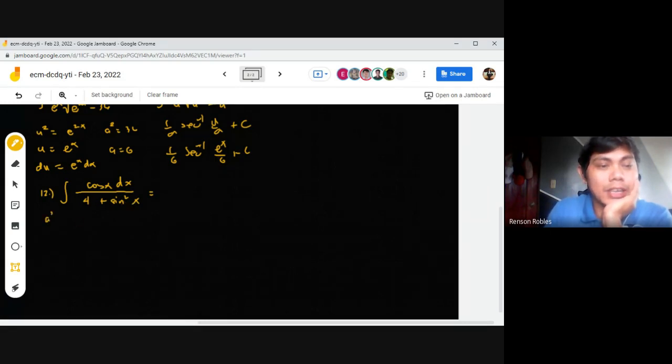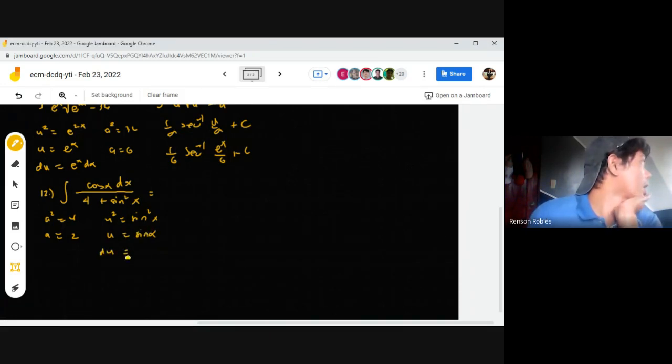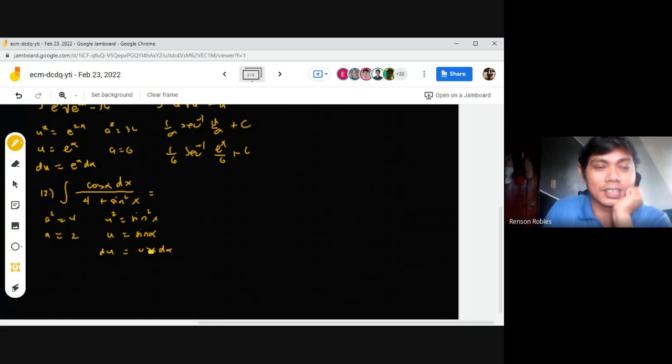Kasi if I let a squared be equal to 4, u squared is equal to sine squared x. When you take the square root, I have a, which is 2. I have u, which is sine x. When I differentiate this, I have du. And the derivative of sine x is cosine of x dx. Okay, and you see it right there. Integral of du over a squared plus u squared.